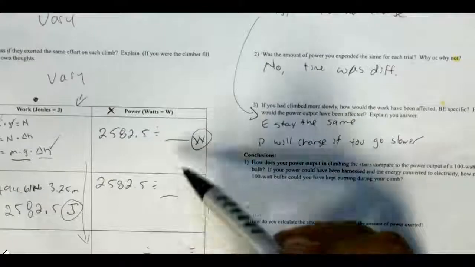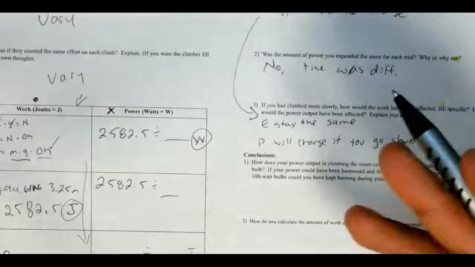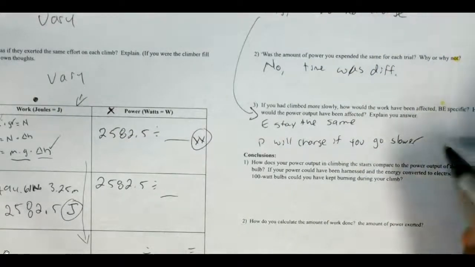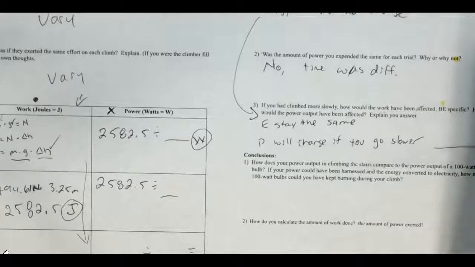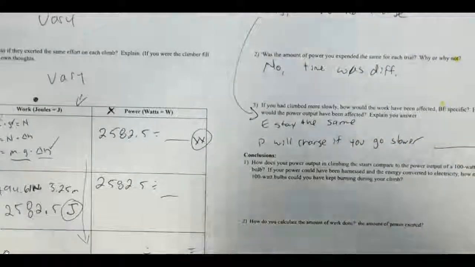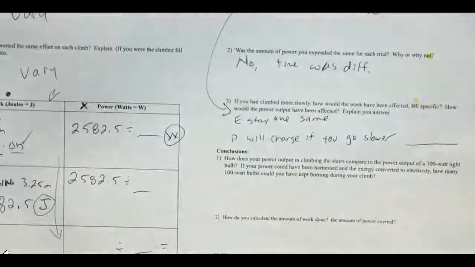How do I know? Well, right here, look, if your times are slower, then your power is going to change. A great question is, how? Is your power going to go up, or is your power going to go down if you're slower? And this is a great test question. That's what I'm saying. Be very comfortable playing with these numbers.